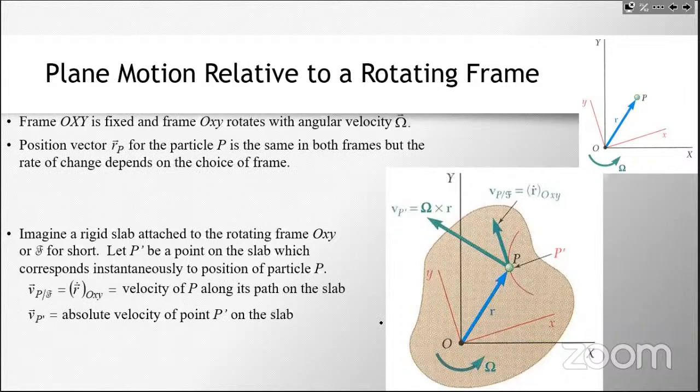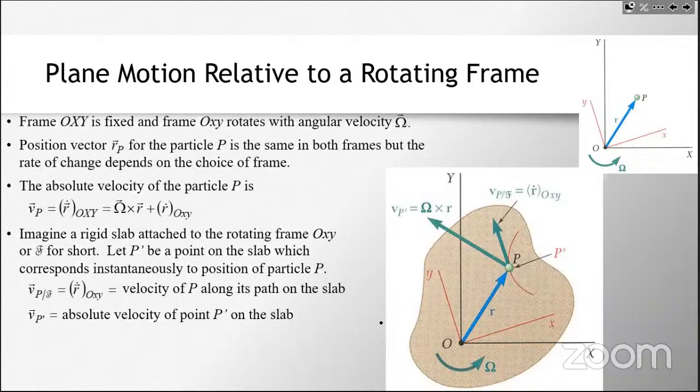Right? The frame is rotating with a velocity of capital omega, right? The position vector of the particle is the same in both reference frames, but changes depending on your choice of frame. And so we can talk about the absolute velocity of that particle, right? And so think about it this way, right? If we're talking about the merry-go-round with the ball, right? That's spinning.